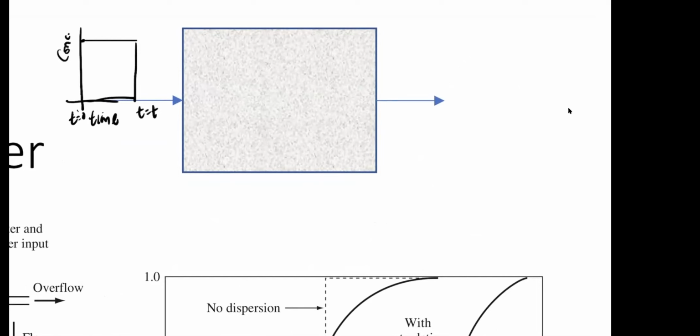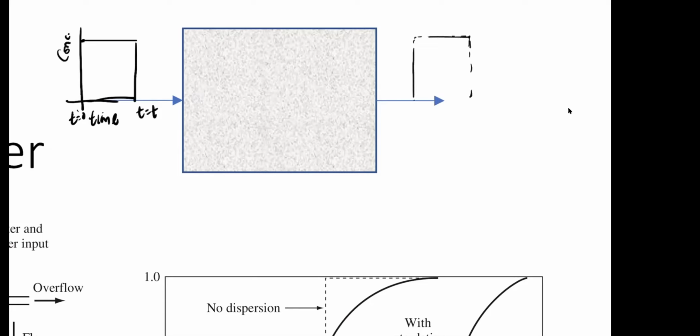Okay, so what will the concentration look like in the effluent? It takes some time before it shows up. So let's say this is a very small one. If it is an entire pipe, with no soil inside it, then you will see the effluent will be like this.